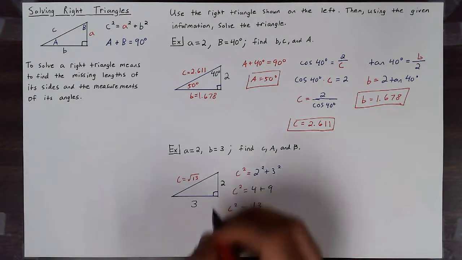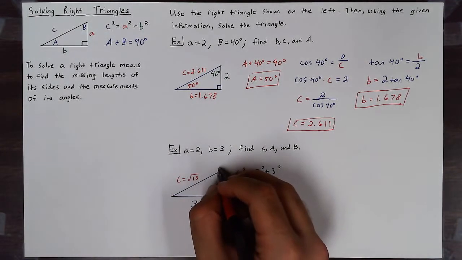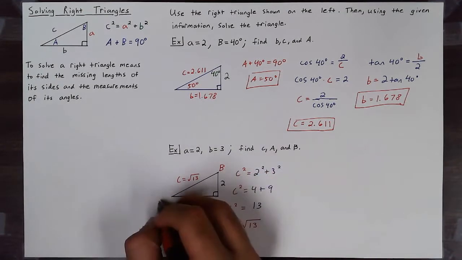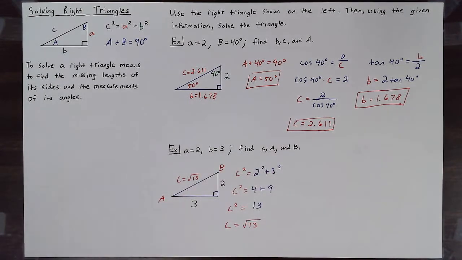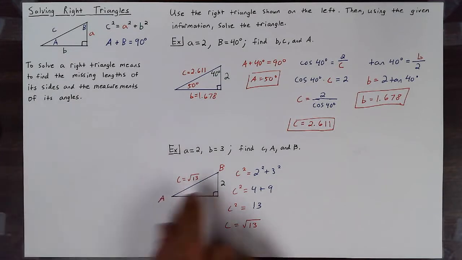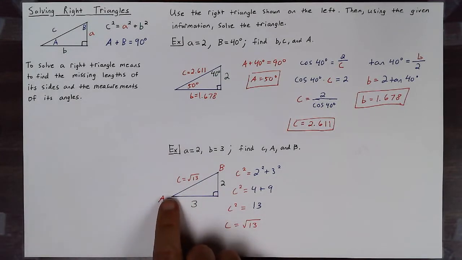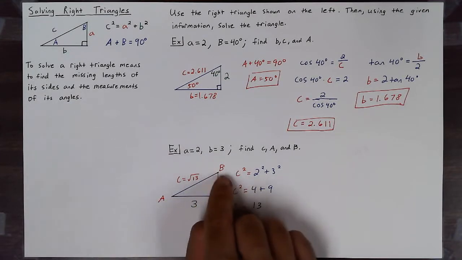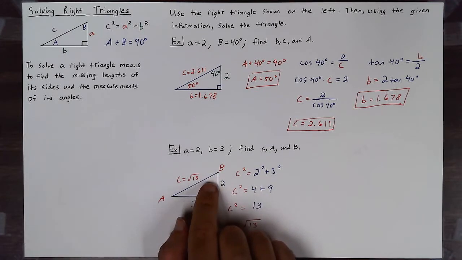But now I want to find angle B and angle A. To find these, I'm going to need to use an inverse trig formula.